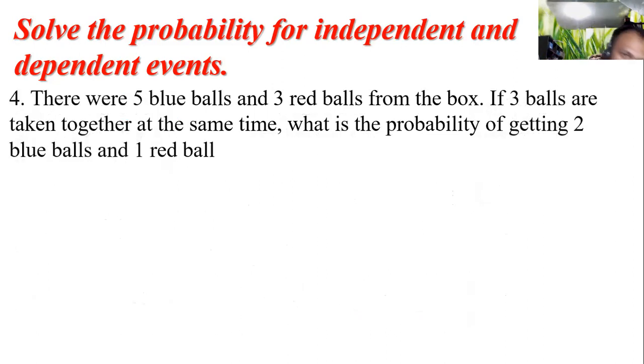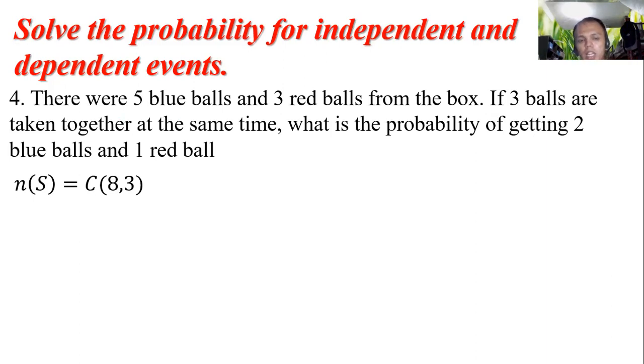Next, number 4. There were 5 blue balls and 3 red balls from the box. If 3 balls are taken together at the same time, what is the probability of getting 2 blue balls and 1 red ball? Okay? So doon, meron tayong 5 blue, 3 red. Okay? So what is the sample space? Again, the combination of 8 and 3. No? Kasi 3 balls ang kailangan natin eh.